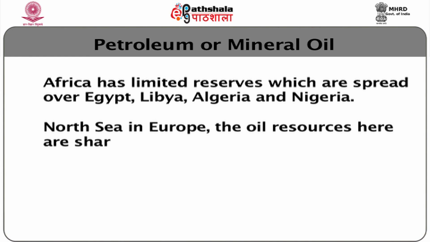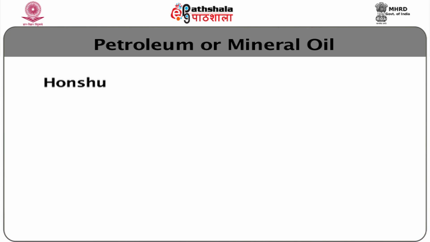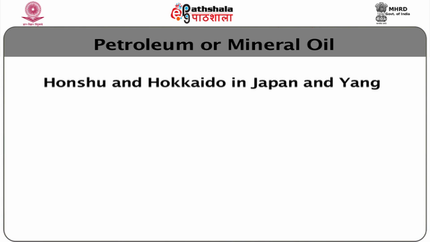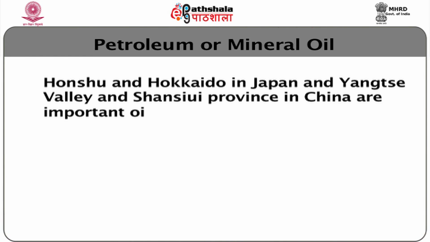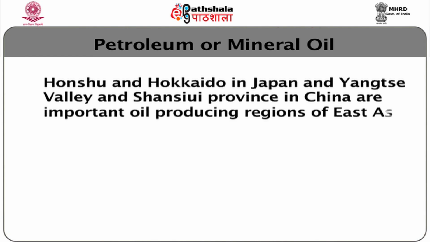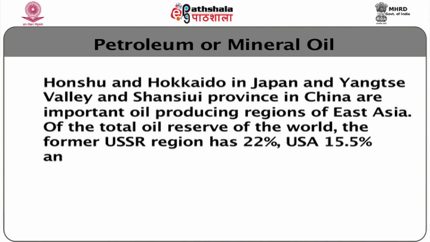In the North Sea in Europe, the oil resources are shared among UK, Norway, Germany, Denmark and Netherlands. Honshu and Hokkaido in Japan and the Yangshan region and Shanxi province in China are important oil producing regions in East Asia. Of the total oil reserve of the world, the former USSR region has 22%, USA 15.5% and Saudi Arabia has 9% contribution.